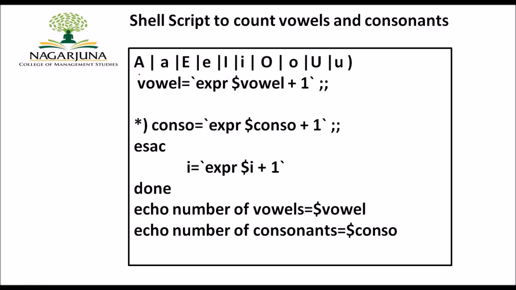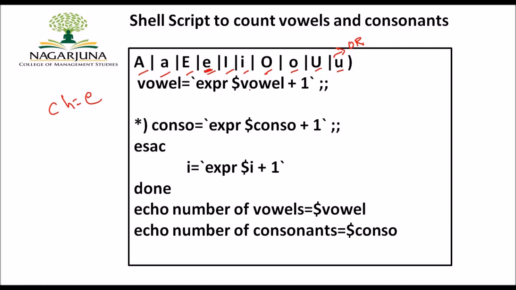Either it should be uppercase A or lowercase a, either uppercase E or lowercase e, either uppercase I or lowercase i, or uppercase O, lowercase o, or uppercase U or lowercase u. So here this is not considered as a pipeline. This is in the case statement, this is considered as an or operation. So either it has to be one of these characters. So my character ch is equal to E. Yes, it matches with E.